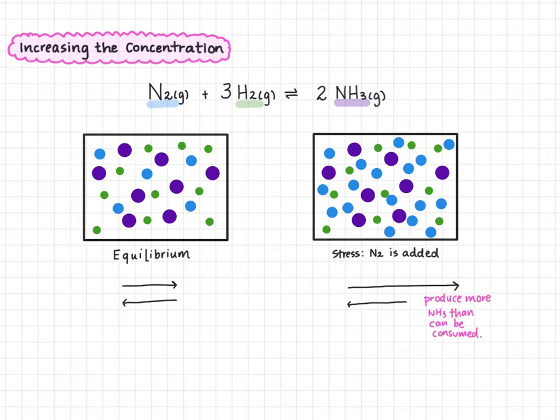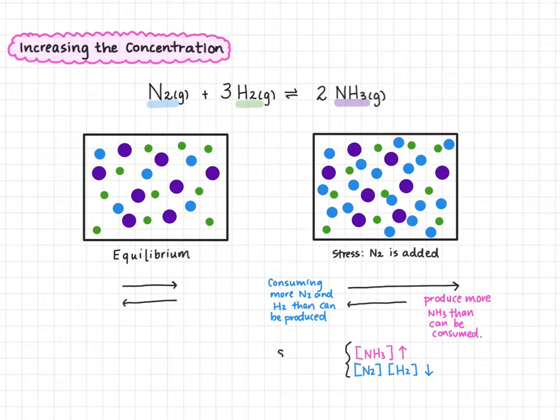Because we are producing more than we can use, the concentration of ammonia is going to increase. On the flip side, we're using up more nitrogen and hydrogen than we can produce. Because of this, the concentration of nitrogen and the concentration of hydrogen will both decrease after our stress.